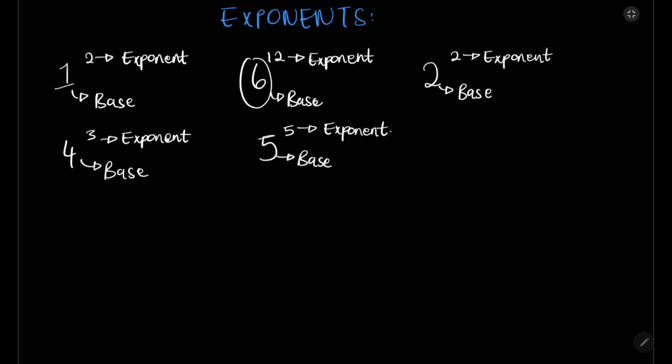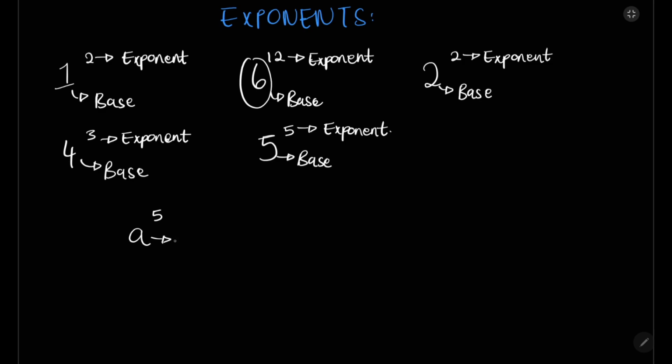Okay, now what if we had letters instead? What if we had, let's say, a to the power 5? In math, we don't call these letters letters, instead we call them variables. So what if we had a to the power 5? Which one is your base?